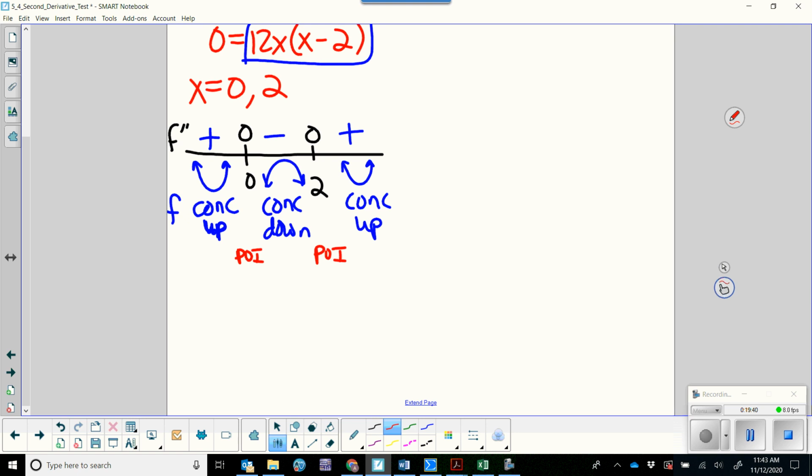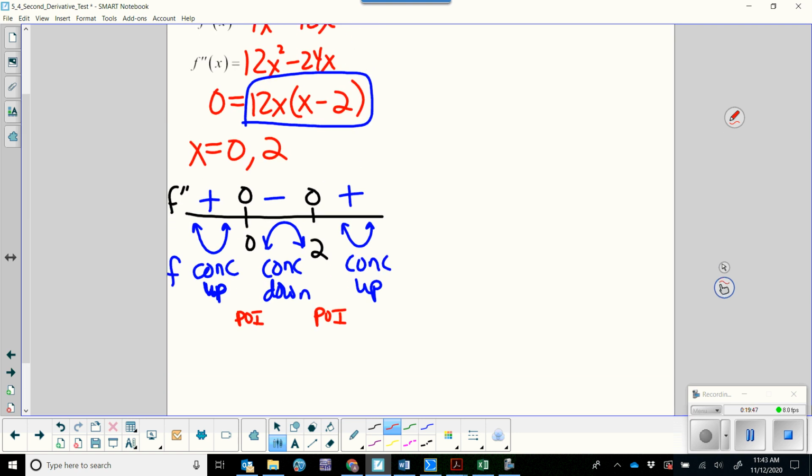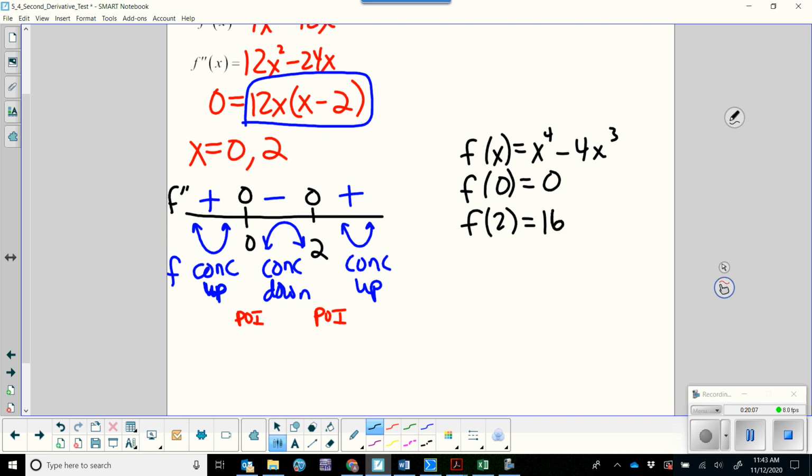So somewhere, and you can do this on the upper right where we crossed off that chart, I'll just do it right next to it. I need to actually plug in and find the points. So my original function, let me write it again so you can see it, x to the fourth minus 4x cubed. So I need to actually find out what is f of 0, luckily that's 0, and what is f of 2. So that's going to be 16 minus 4 times 8, which is going to be negative 16.